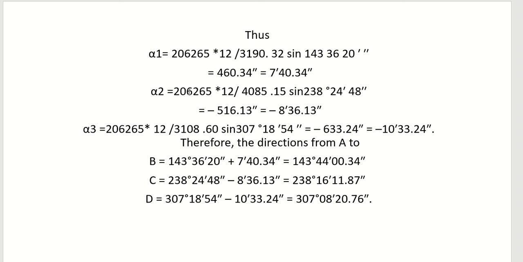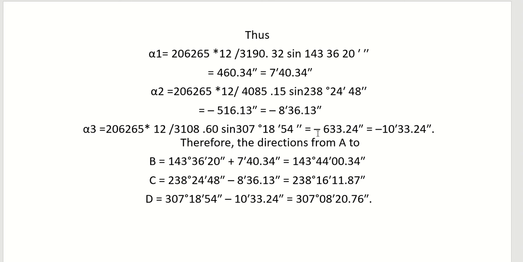Similarly, alpha 2 is equal to 206265 times the baseline distance 12, divided by SC and sine theta 2. The alpha 2 value after calculating is minus 8 minutes 30.13 seconds. Similarly, alpha 3 is calculated, and we get minus 10 minutes 33.24 seconds.